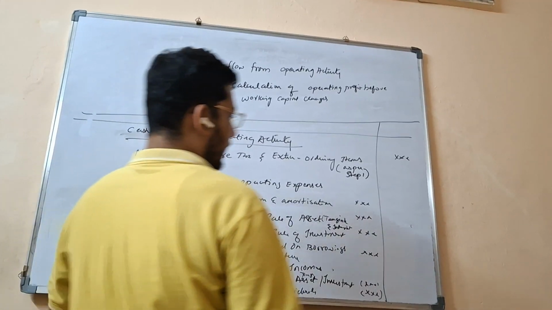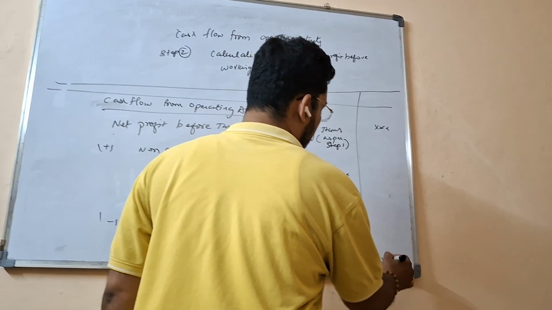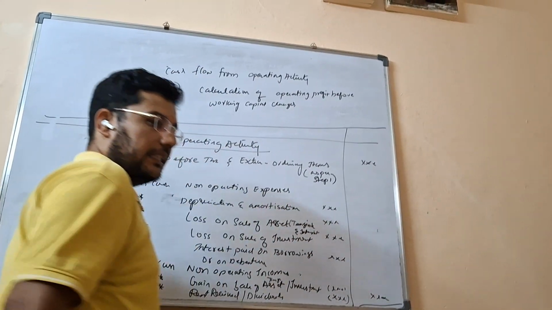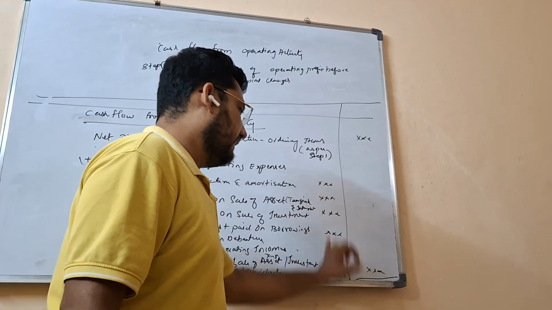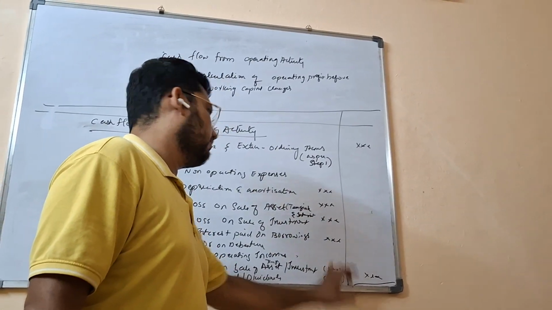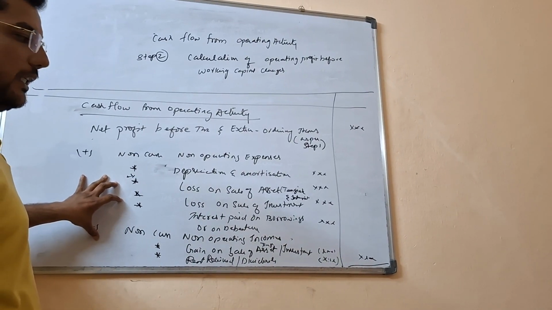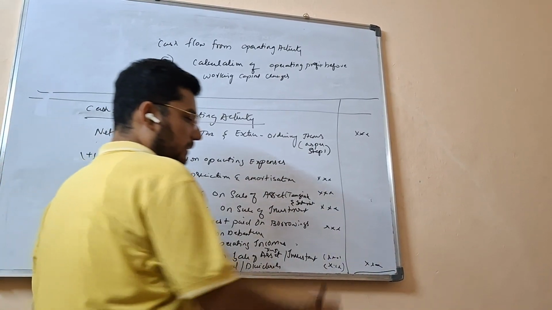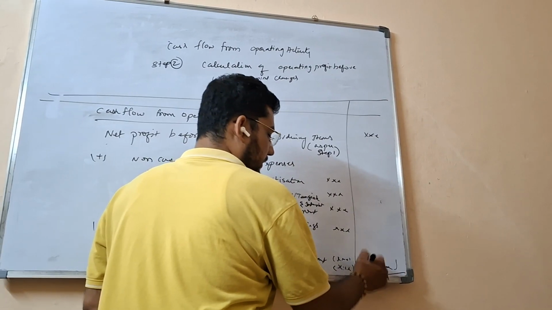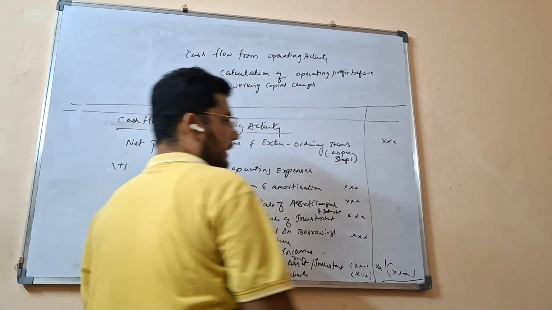Now once you add and deduct, the total amount when you get it, this addition and deletion of these two items, or this non-cash, non-operating expenses are added, non-cash, non-operating incomes are deducted. This final amount, either it can be deducted or added.